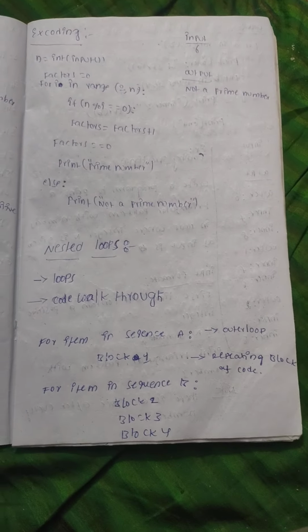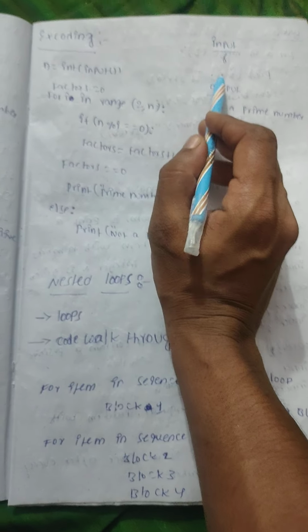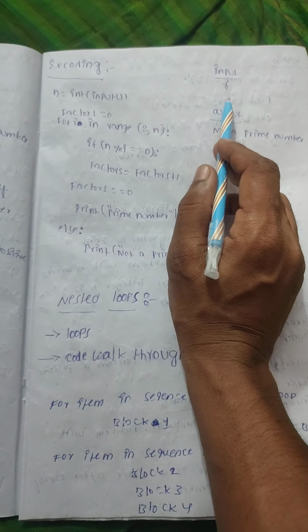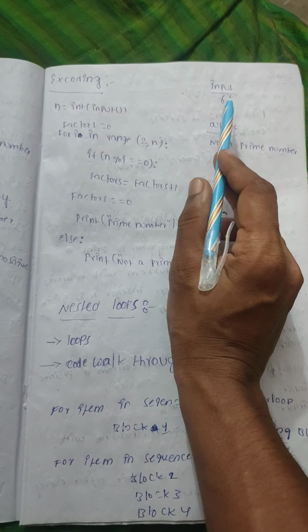Now see the example code. Here the input is 6, so it is an integer actually.